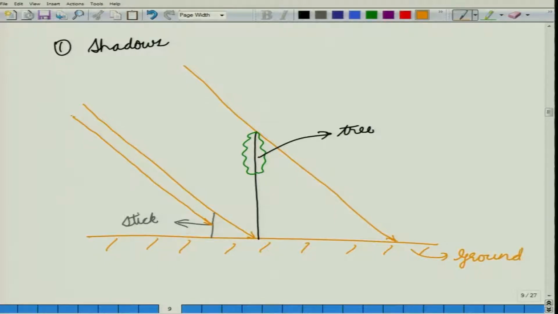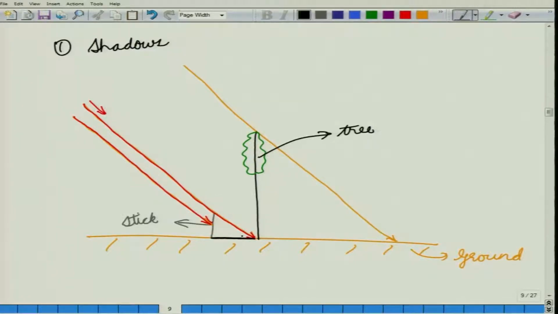So, this ray of light is intercepted by the object and so is unable to reach the ground, whereas this ray of light has just touched the top of the object and is able to reach the ground. Any ray to the right of it would be able to reach the ground because it is not intercepted by the object. So, what would that result in? It would result in a shadow.